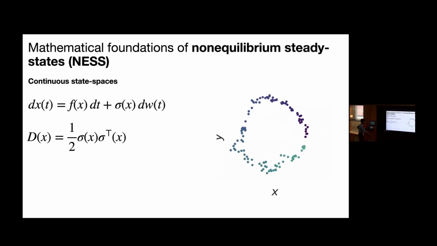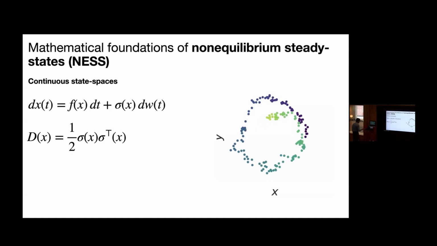Okay. So, for example, you can see here, this is a limit cycle with additive noise. So I'm basically going around the circle, but I'm not doing it perfectly because there's diffusion. Okay, so every time you simulate a trajectory from this system, it's different, which makes it difficult to model. But what you can do instead is say, I'm not interested in the exact value of x of t. I'm interested in the probability that a process, if I simulate an infinite number of these, takes value x at time t.